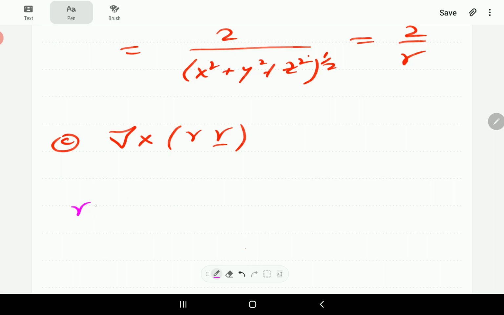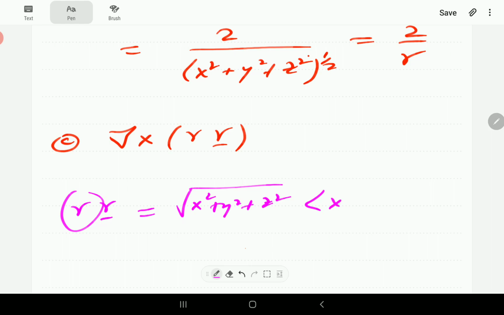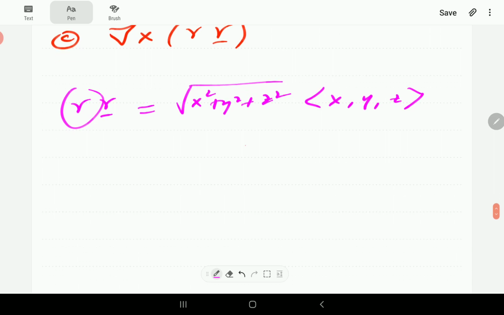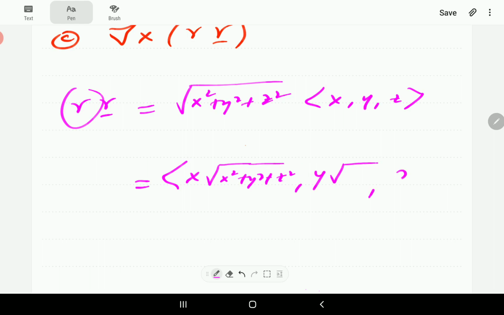So r times r is x squared plus y squared plus z squared. This is a scalar, and we multiply it into that vector, so we just multiply all the components by the same scalar. We're going to have x times x squared plus y squared plus z squared, then y times the same thing, and z times the same thing.